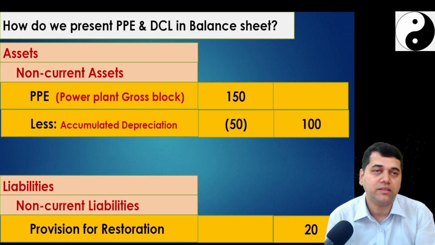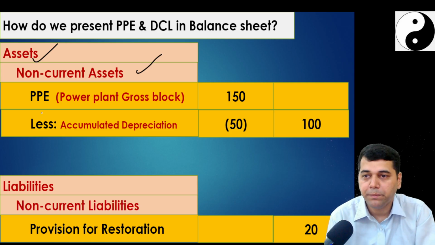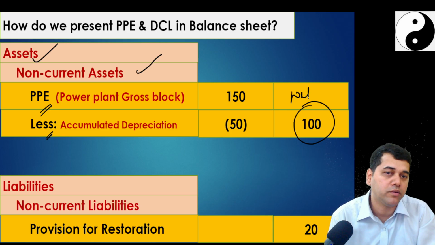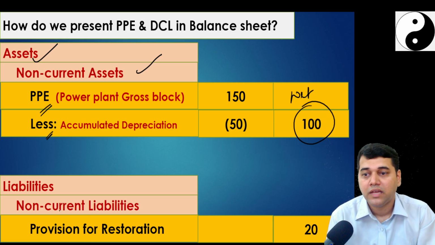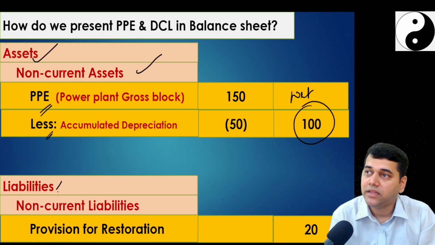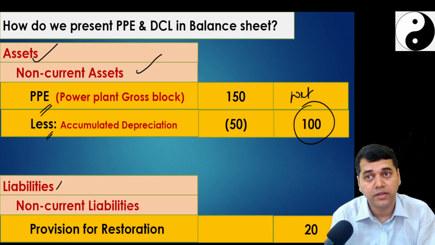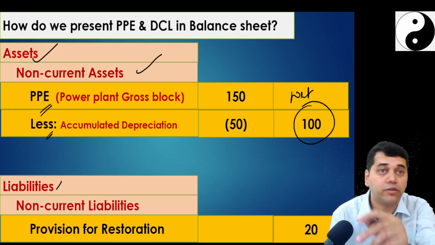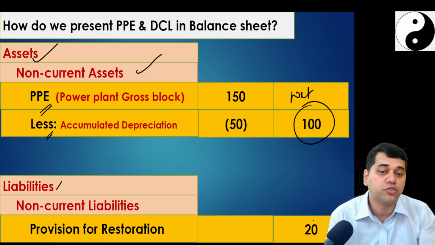Asset side: non-current assets, PPE gross block, less accumulated depreciation, this is my net block. Liabilities and equity: non-current liability, provision, other non-current liability, one head called provision for restoration, 20.